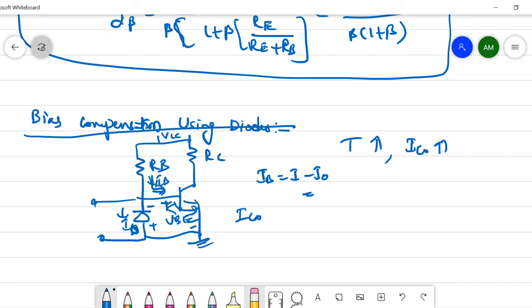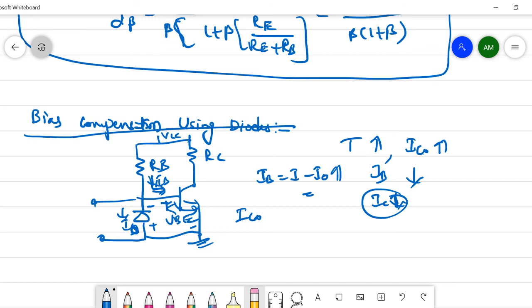So when ICO increases, automatically the base current decreases, and when the base current decreases, the collector current remains constant. The increase in temperature also causes the leakage current I0 through diode D to increase, thereby decreasing the base current IB. This is the action required to keep IC constant.